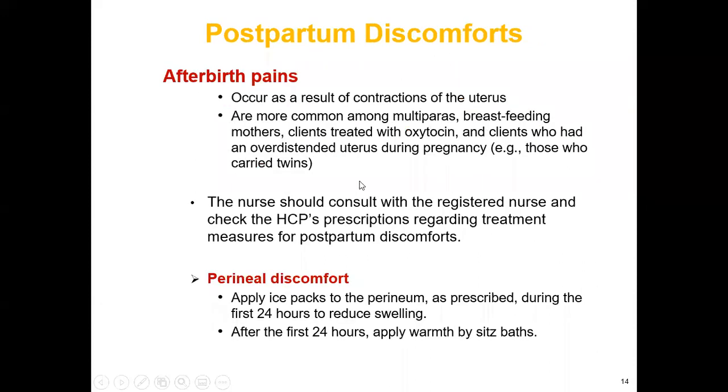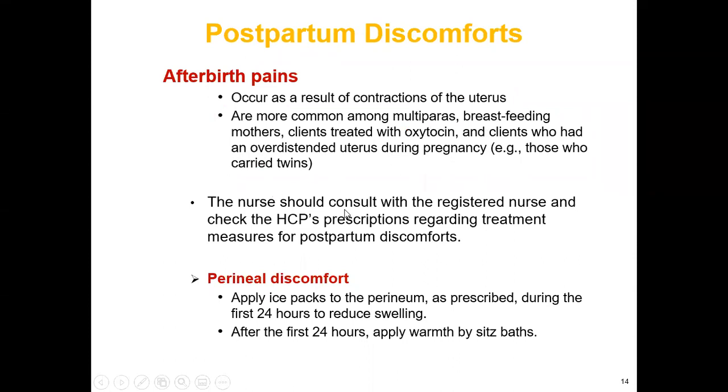So next, after the birth, pain occurs as a result of contractions of the uterus, more common among multipara or breastfeeding mothers, or the client treated with oxytocin, or the client who had an over-distended uterus during the pregnancy.